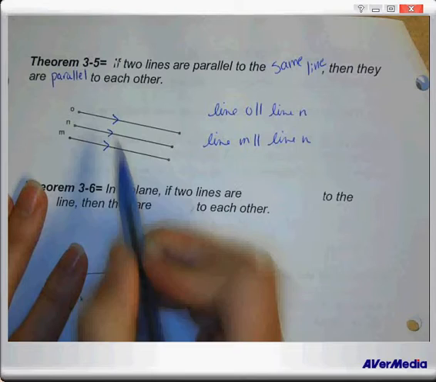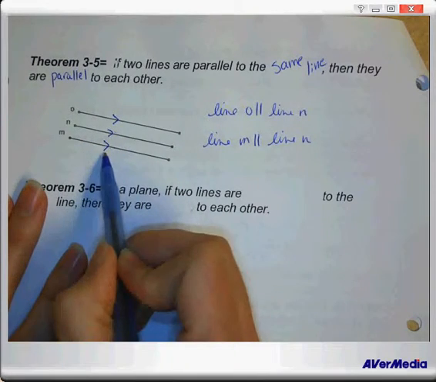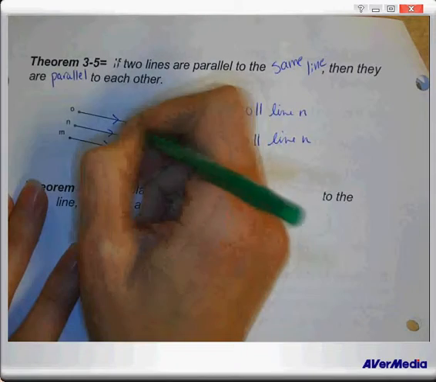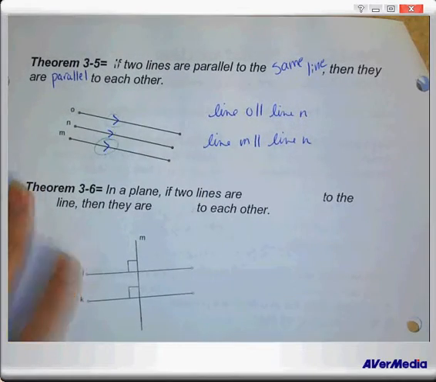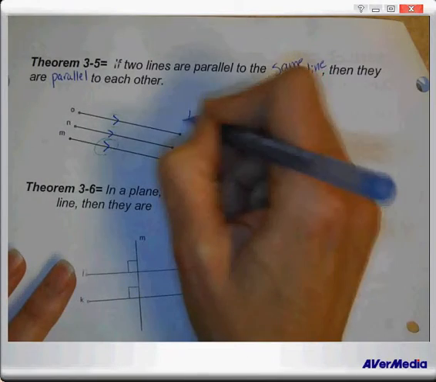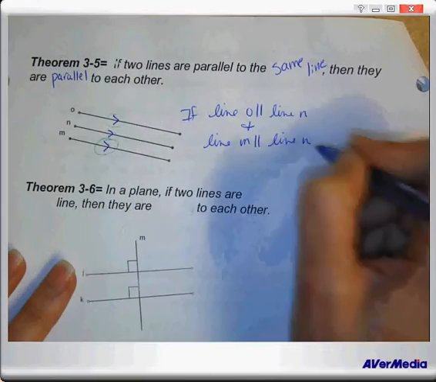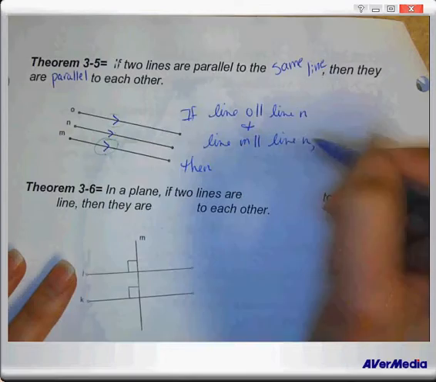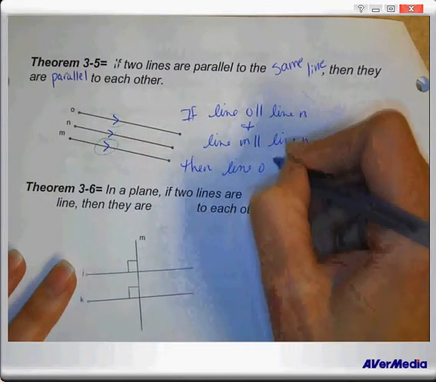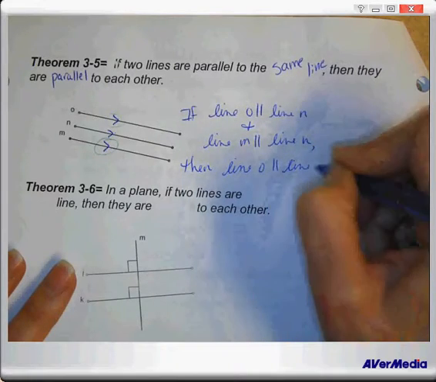Well, now look at the marks on your other two lines here. They have the same marks. So therefore they have to be what? Parallel to each other. So basically, if this and this happens, what do we know? Then we get the fact that line O is parallel to line M.